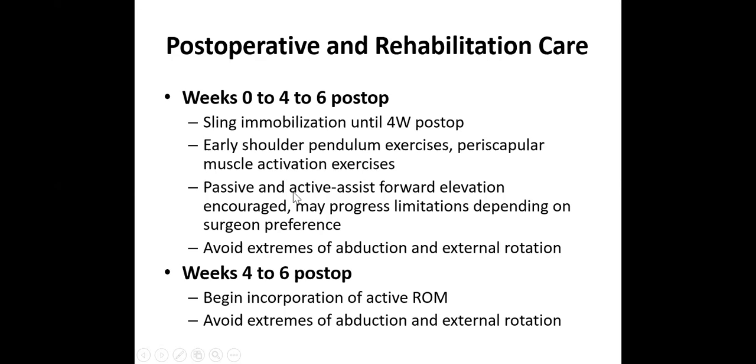Similarly, passive and active assisted forward elevation should be encouraged, and there may be progression limitations depending on the surgeon's preference. Avoid extremes of abduction and external rotation, as this may lead to a peel-back mechanism in which the biceps tendon twists, and that will lead to a SLAP lesion and tear in the superior labrum.